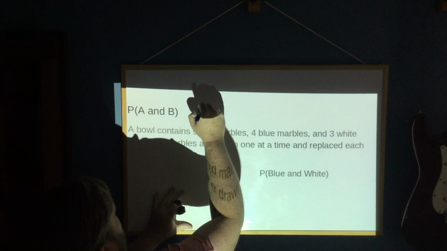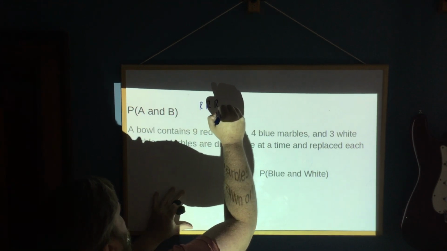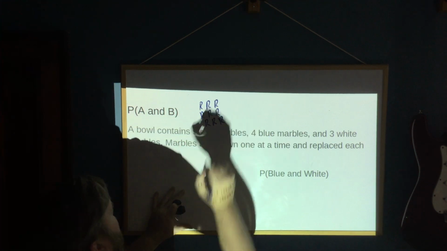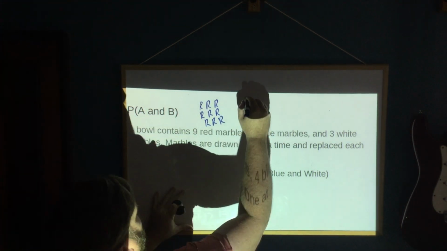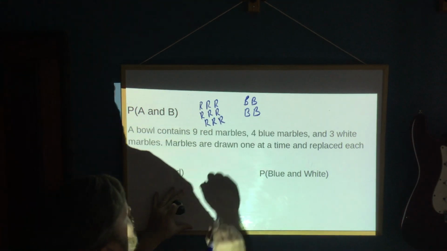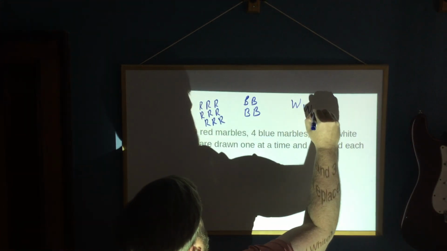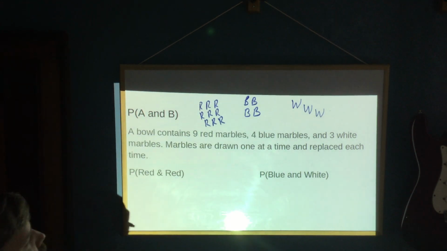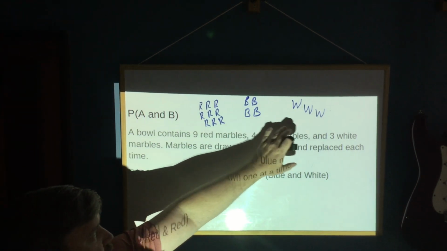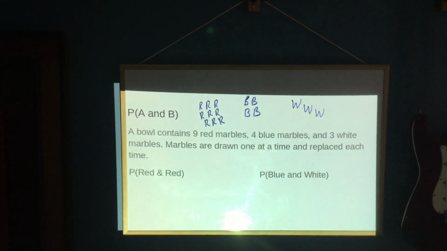So we have 1, 2, 3, 4, 5, 6, 7, 8, 9 red. 1, 2, 3, 4 blue, and 1, 2, 3 white. So 9 plus 4 is 13, plus 3 is 16. So we have 16 total marbles, 9 red, 4 blue, and 3 white.